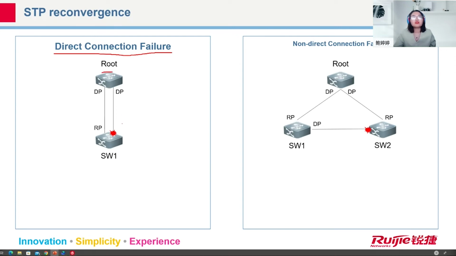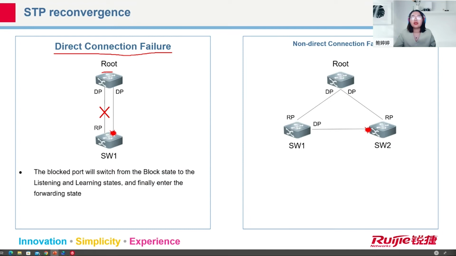Here is the root, and we are ready to decide the right one to become the AP, right? And all the traffic will use the left one. Now, if the normal link is broken, we will trigger the STP convergence, and the time is immediate, because now the root directly found the problem, and the switch one is RP, one is AP.